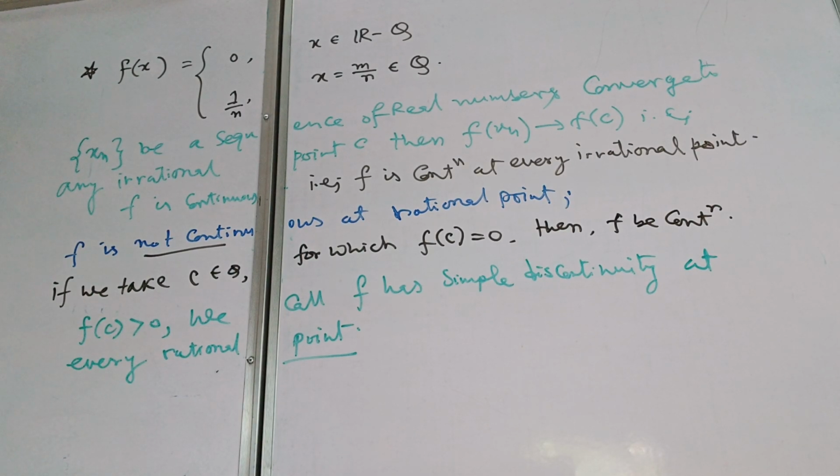If we just redefine f of c equal to 0 for c belongs to Q, then f would be continuous, but this is not possible, so we call it f has simple discontinuity.